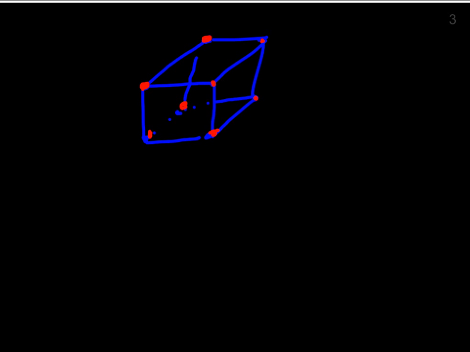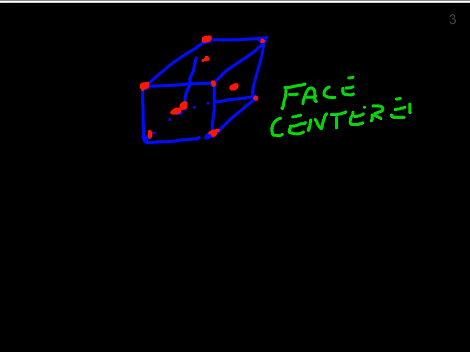This is called a face-centered cell, and what a face-centered is going to do is have an atom or an ion on every face of the cube. So it's called a face-centered cubic cell. I'm not sure I drew the greatest picture of it.